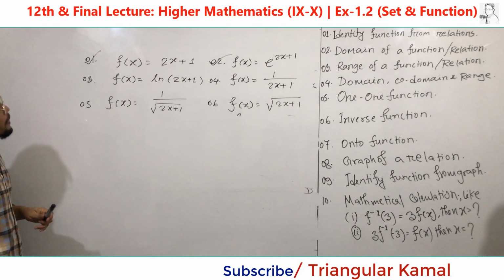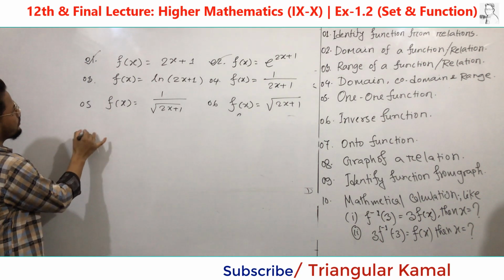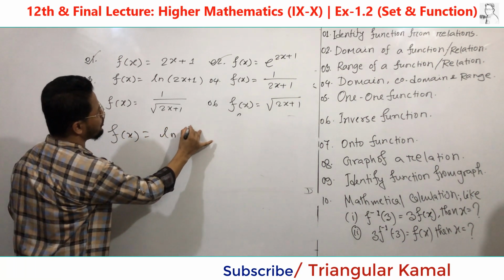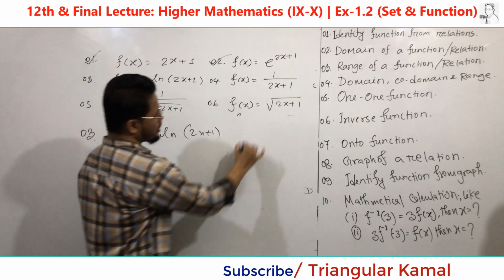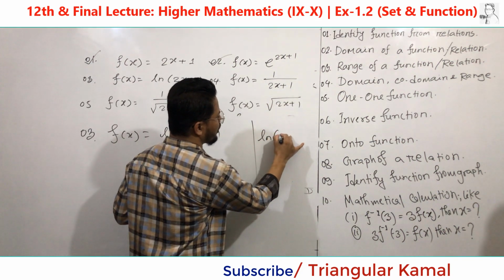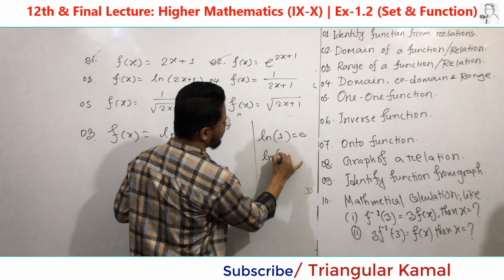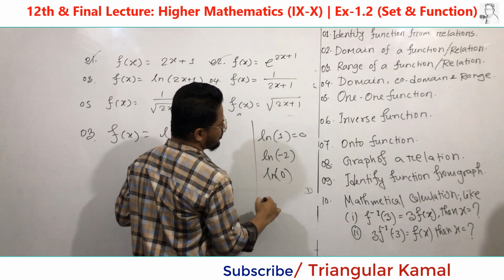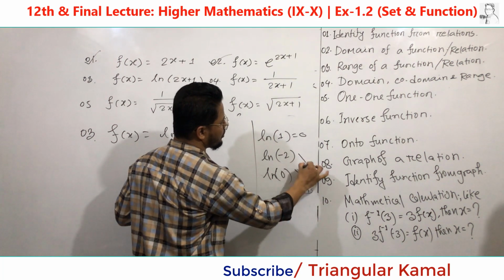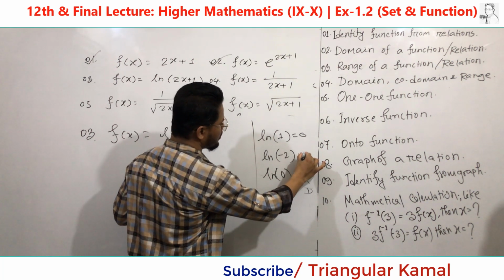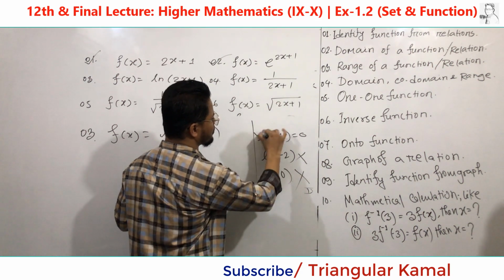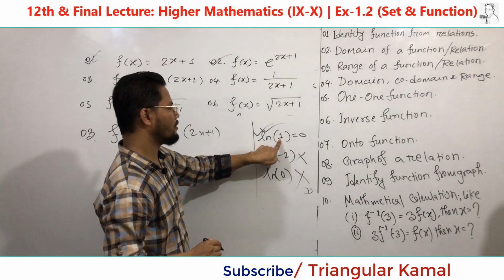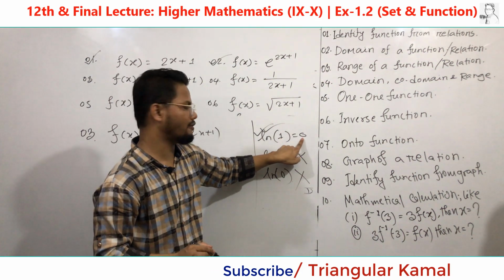Number 3, f of x equals ln of twice x plus 1. Just as an example, ln of 1 you will get 0, but ln of minus 2 or ln of 0 you will not get an answer. This will not give an exact value. So for the ln function, only positive values will give a numerical value.